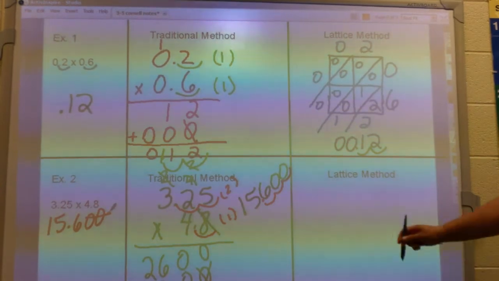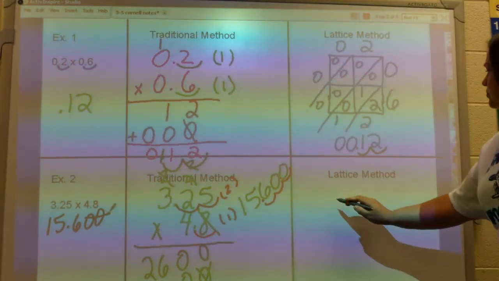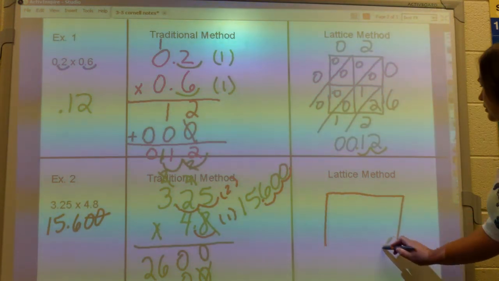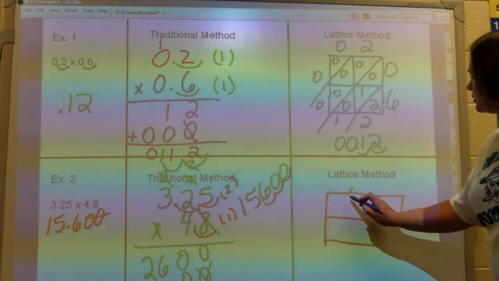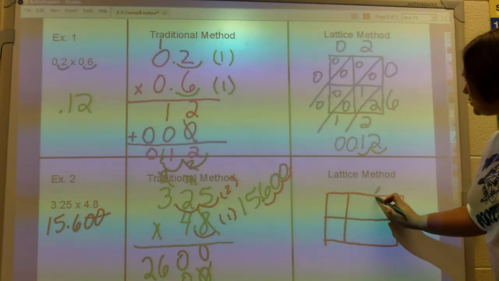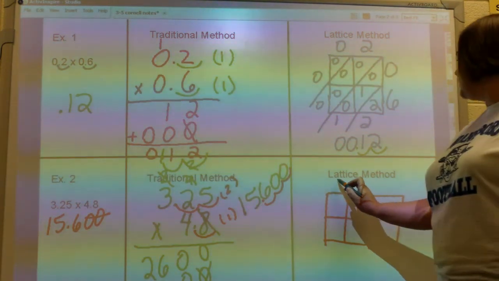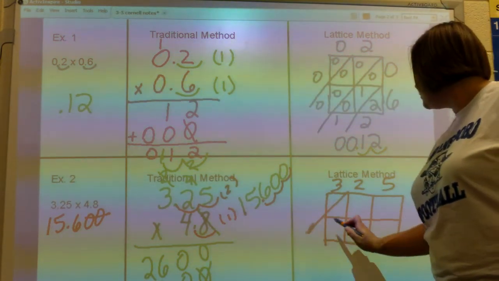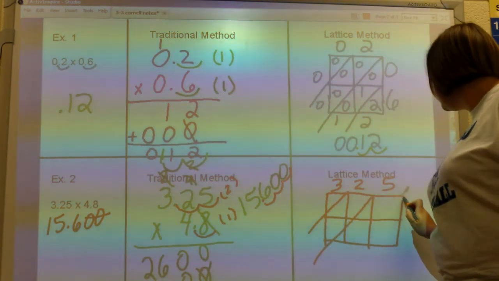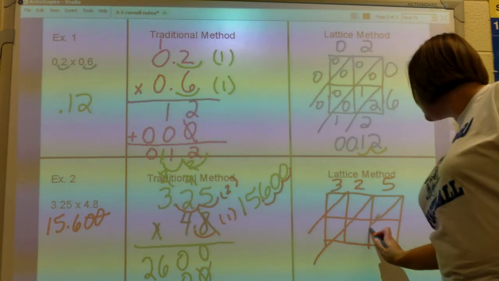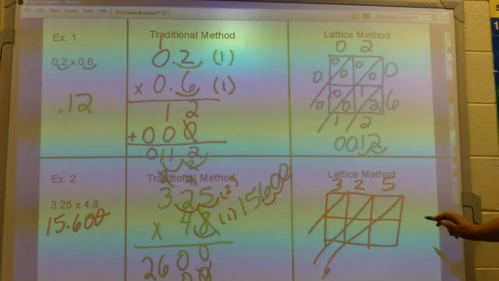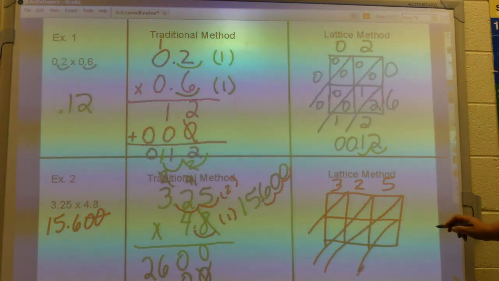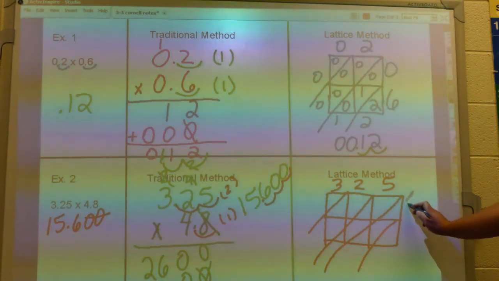Using lattice, I have a 3 by 2. So 1, 2, 3. 3.25 times 48.